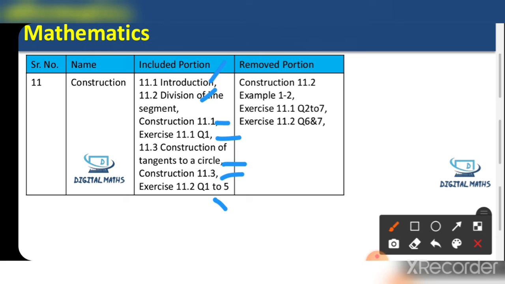The removed portion is construction 10.2, example 1 to 2, exercise 11.1, question number 2 to 7, and exercise 11.2, 6 to 7.